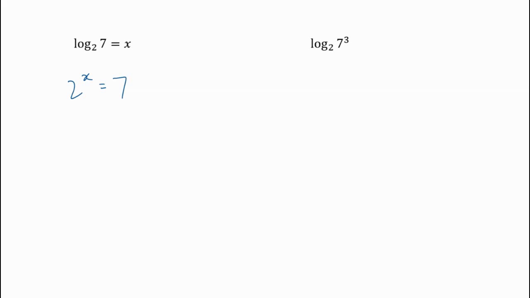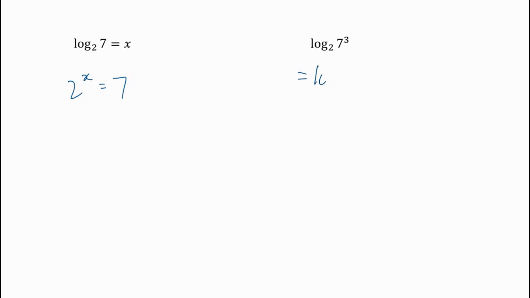But this statement right here says 7 is equal to 2 to the x, right? If two things are equal, I can replace one with the other. So I can do this.